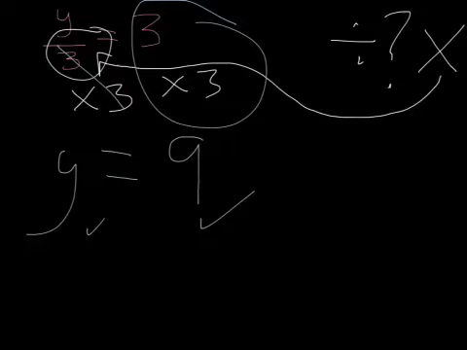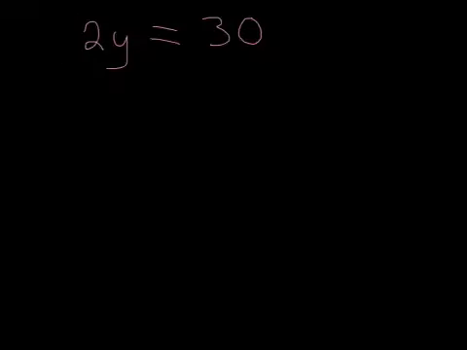Alrighty. So that is division. Okay, here we have one more example. Let's look at this again. We have 2y equals 30. Now, we need to recognise that a number in front of a letter means times.